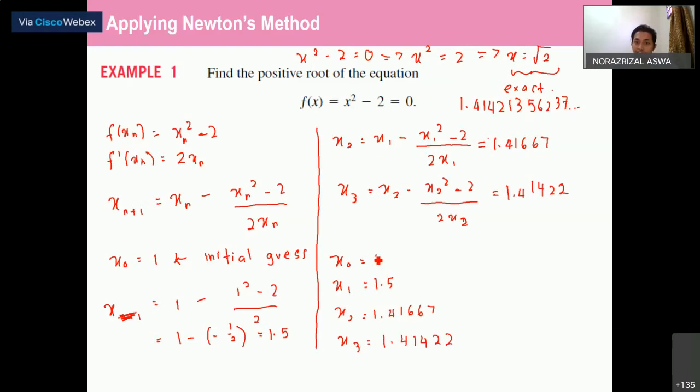You see the approximate of our solution getting closer and closer to this value, right? We have 1, very far from 1.414 and so on. Then we have 1.5, then 1.41667, getting closer. Then 1.41422, getting closer and closer.